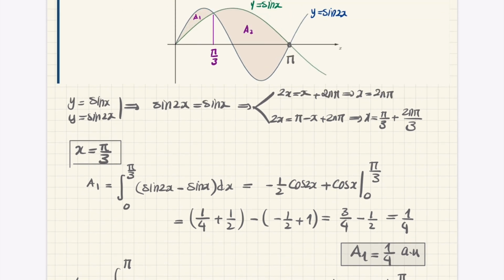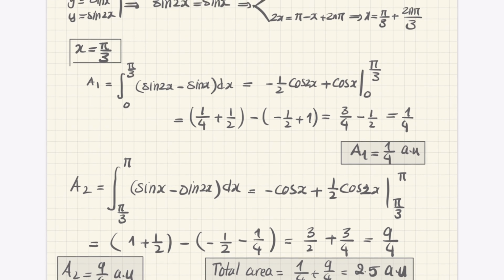From pi over 3 to pi. This is negative, this is positive. I put pi here, it becomes 1. Cosine of 2 pi is 1, that is also 1. Minus, I put pi over 3 here, I put pi over 3 here, so everything seems right.